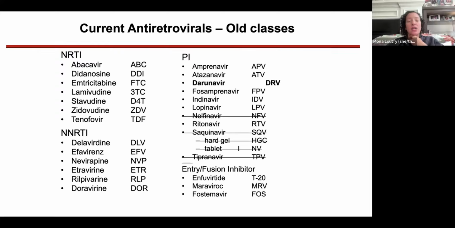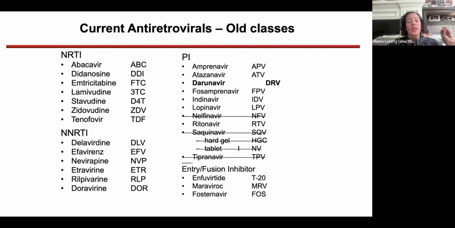Maraviroc is a CCR5 inhibitor, and that was actually discovered by assessing long-term non-progressors, elite long-term non-progressors, and it was found that there was a mutation with a delta deletion in the chemokine receptor, and these people basically acquired HIV, but it had no effect on them.